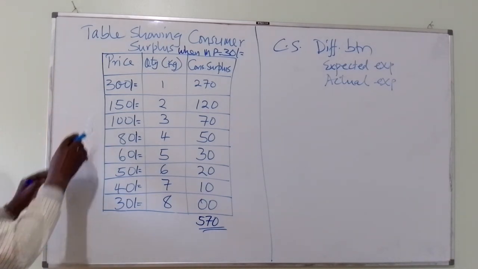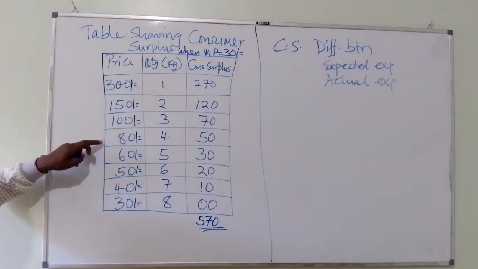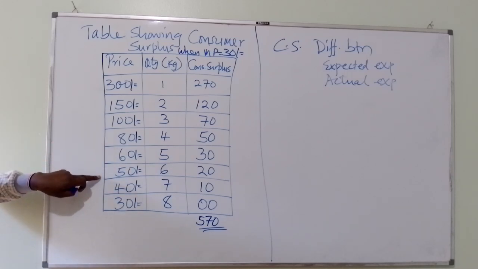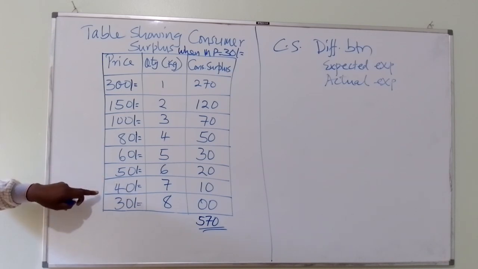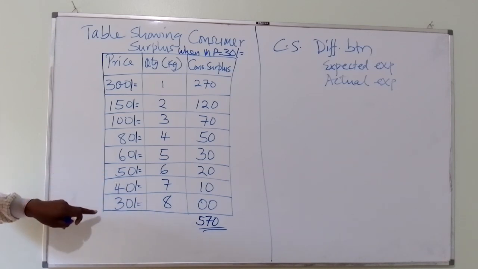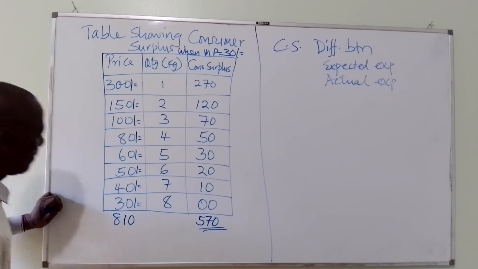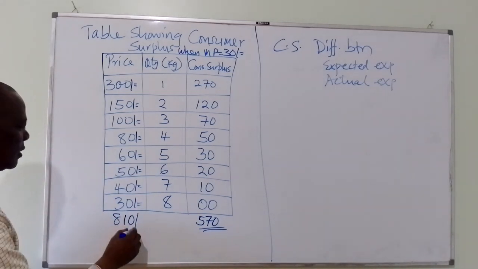This is 450, 550, 630, 690, 740, 780, 800, 810. So there's 810. Hope our calculation is correct.